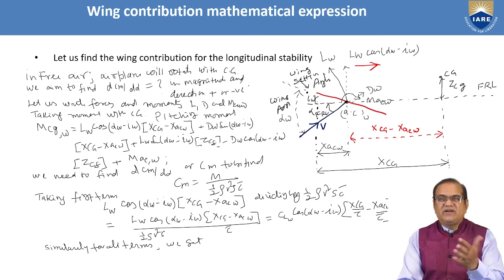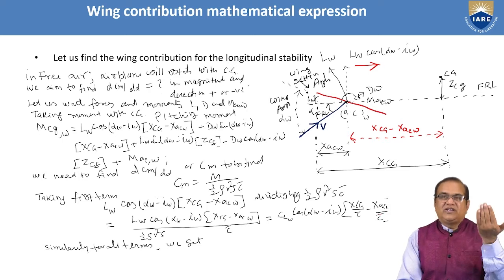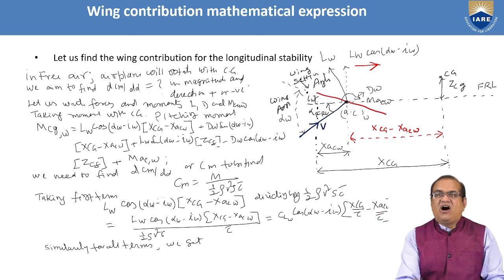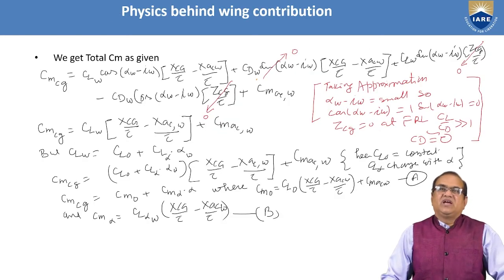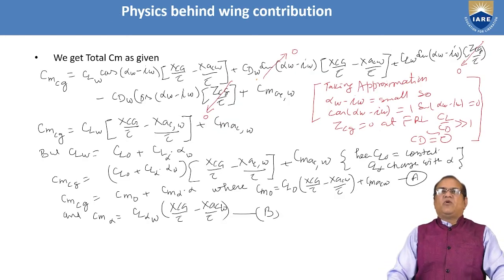So this is one term, and in the same way we divide all the terms by half rho V squared S c bar, and then we get the total coefficient of moment as given.